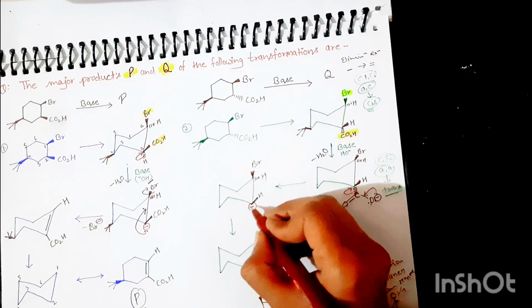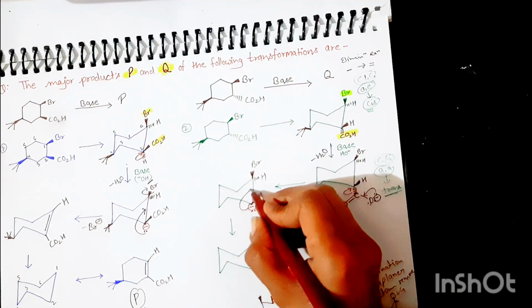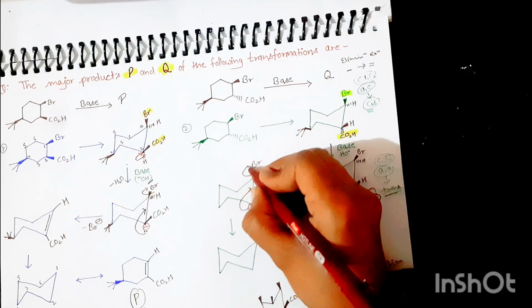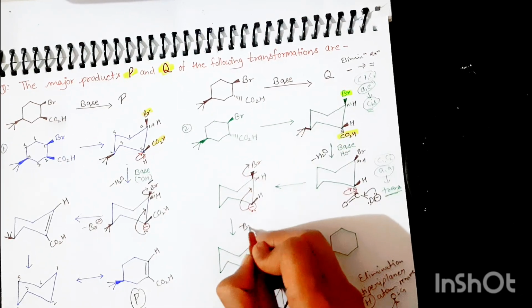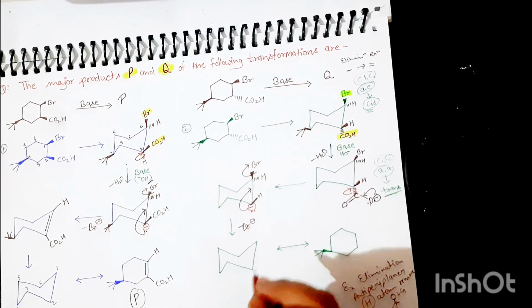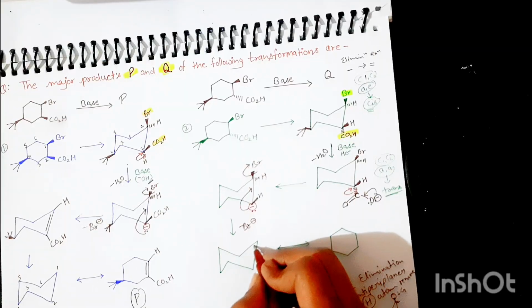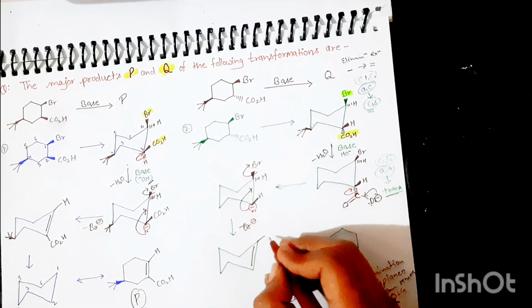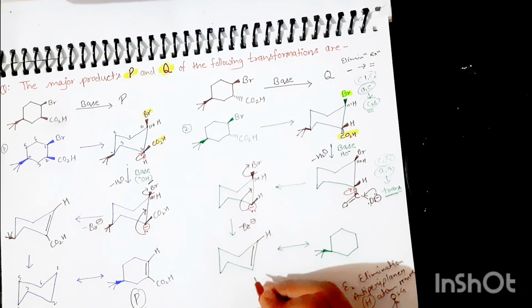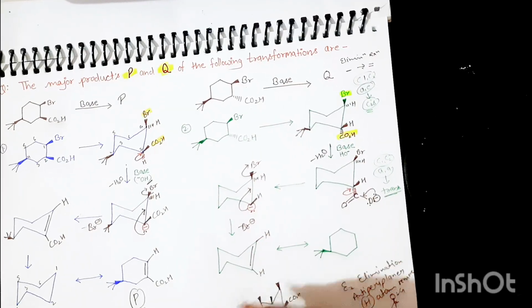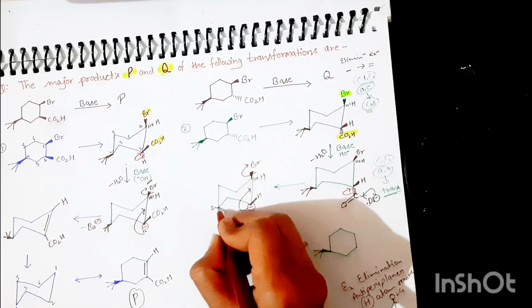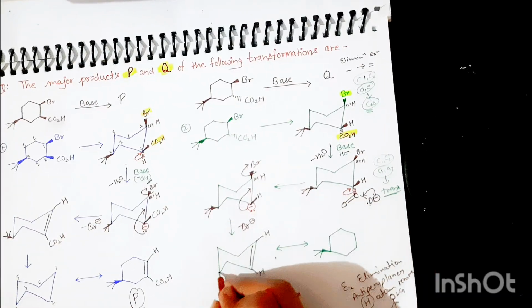So these electrons shift to between the C1 and C2 carbon, and the leaving group leaves this carbon atom. So between C1 and C2 one double bond is formed. This hydrogen atom comes in plane, and this hydrogen also comes in plane. And here the isopropyl group stays the same.